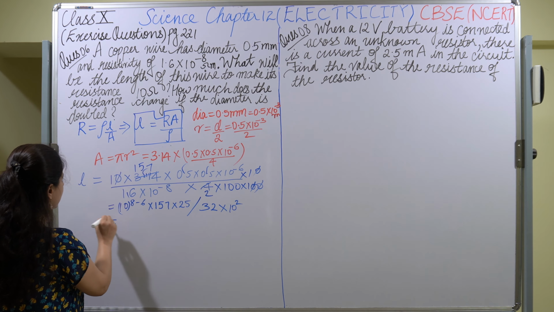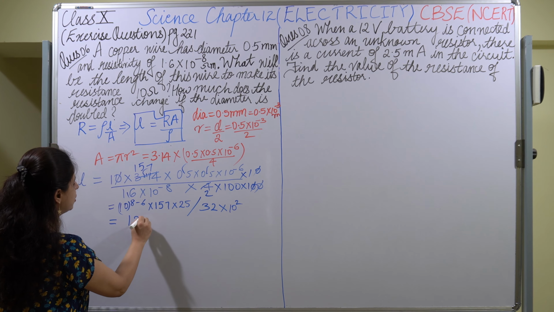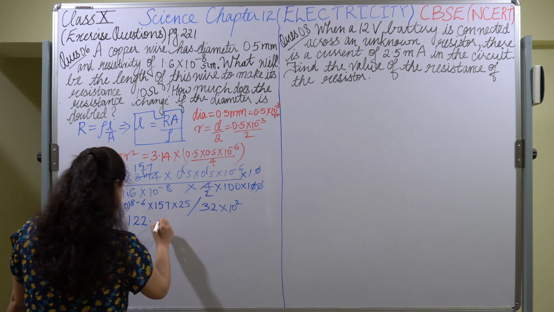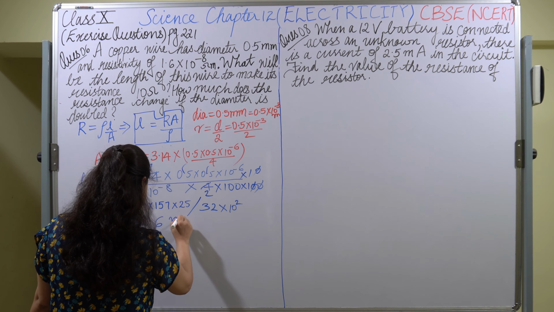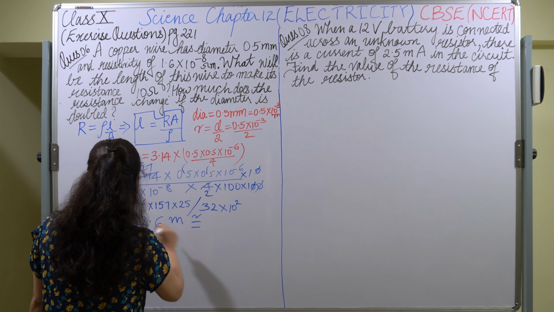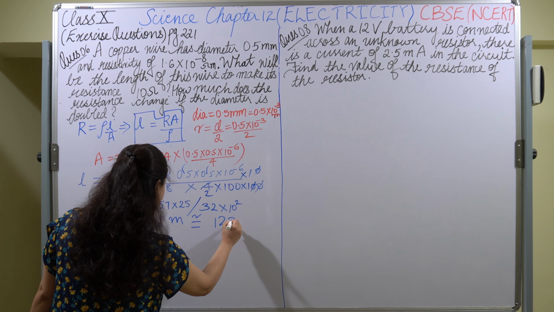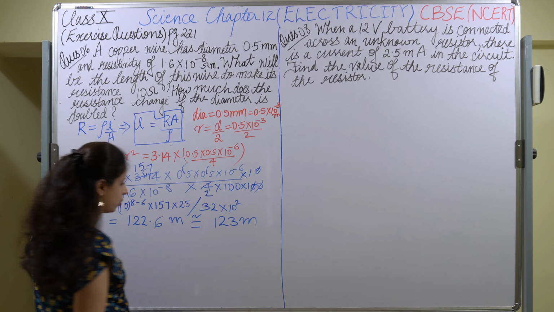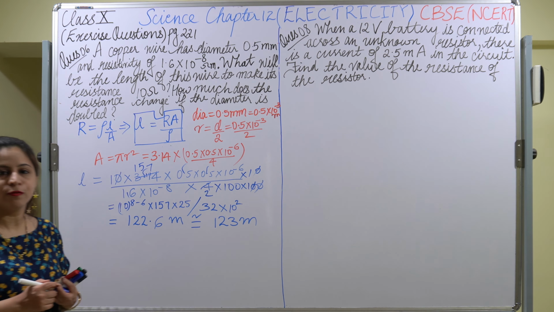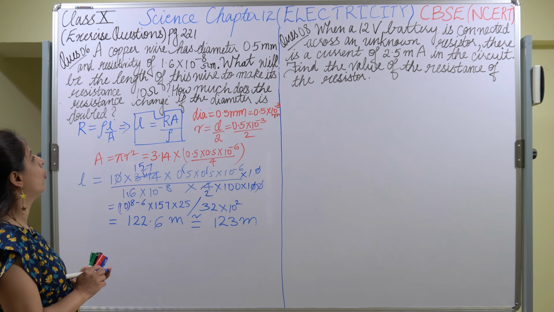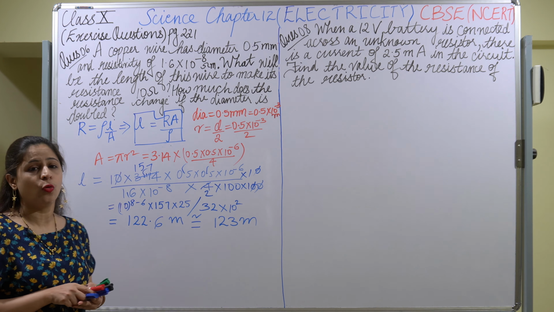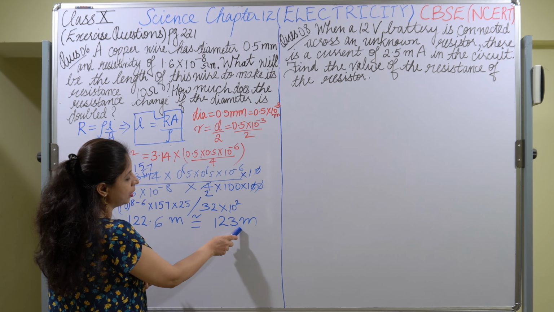After solving it, we will be getting 122.6 meters, and if we round off the value, it will be equal to 123 meters. So the length of the wire which has the resistance 10 ohms is equal to 123 meters.